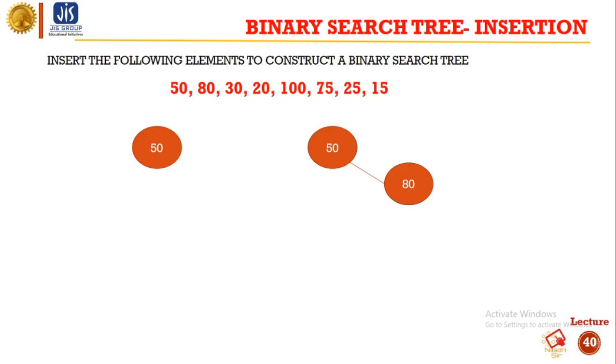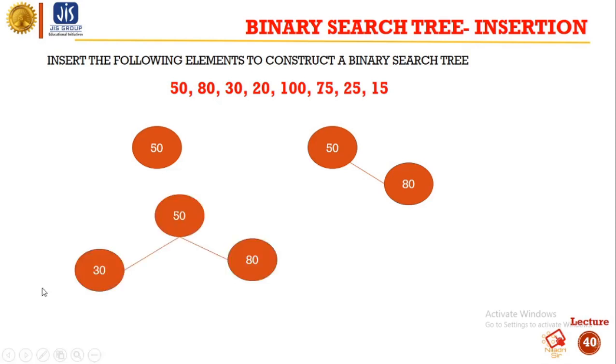Here the answer is smaller, so 30 is inserted on the left-hand side of 50. This is our latest binary search tree.